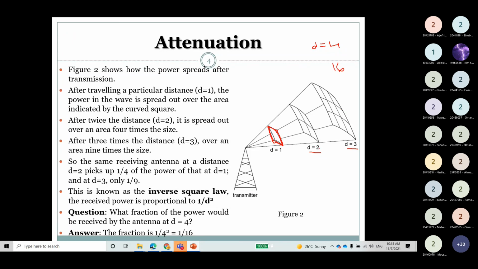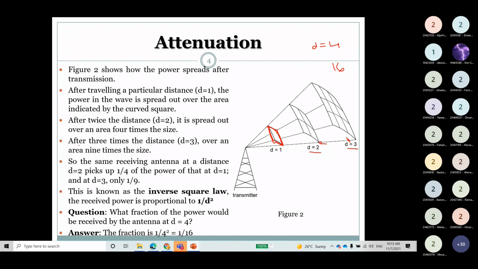So you can see here d power 2, d power 3, d the square of the distance. So after twice the distance, d equal to 2, it is spread out over an area 4 times the size.